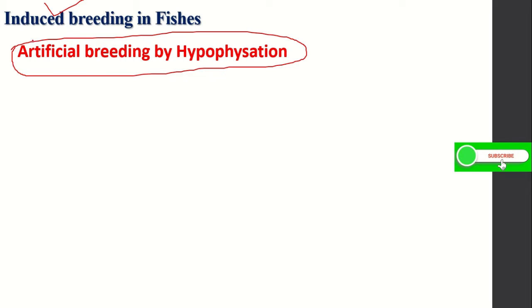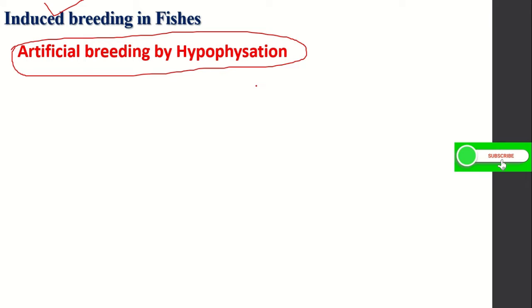We know that the major carps basically breed in the river throughout the monsoon, in particular in the June to August period. But here a technique is used by which the fishes are artificially bred.